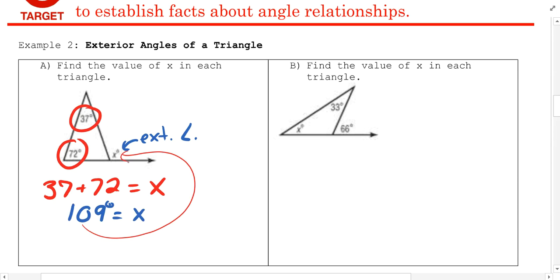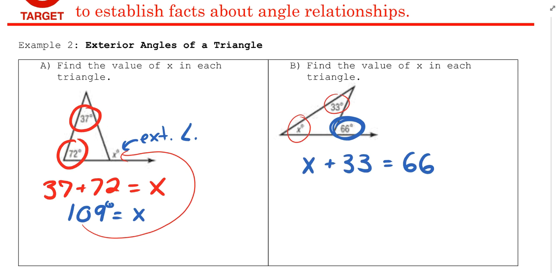Okay, now the problems are not always that simple or that basic. Sometimes we will have to find one of our interior angles. We'll be given the exterior angle, but we have to find one of those opposite interior angles. So to do that, you set up your equation the same. I know that the sum of my two interior angles is going to be equal to my exterior angle.